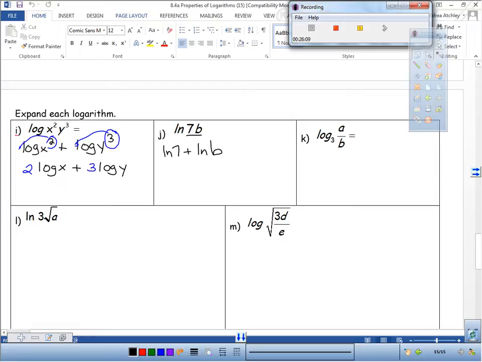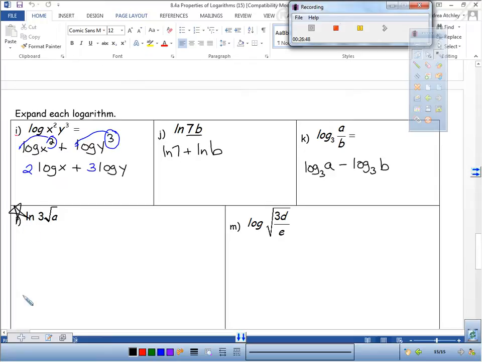How about the next one? Sophia B. Haven't done it? Yep. Log base 3a minus log base 3b. Okay, the division just means you subtract them. Any questions over that?